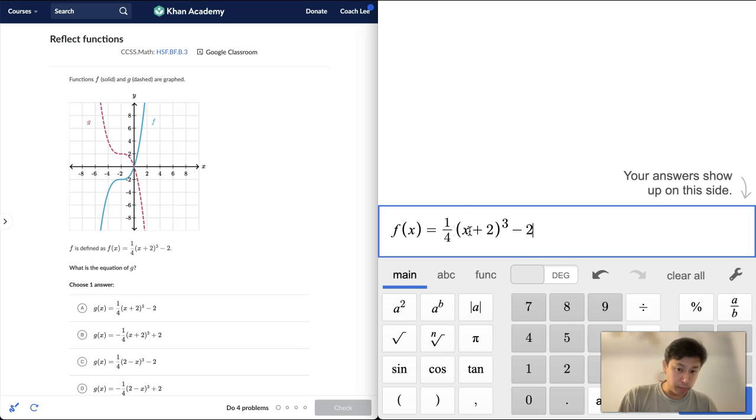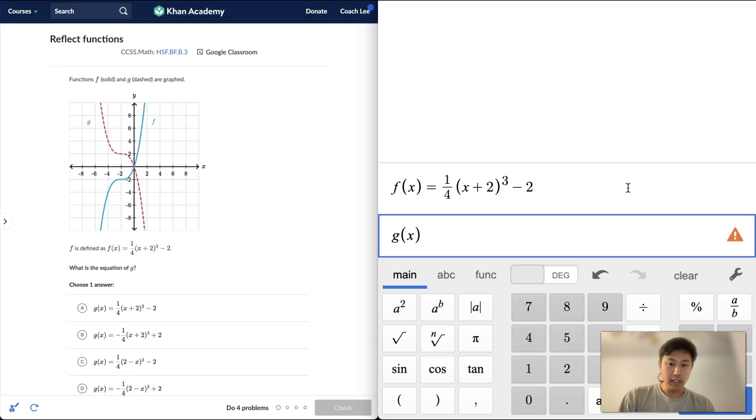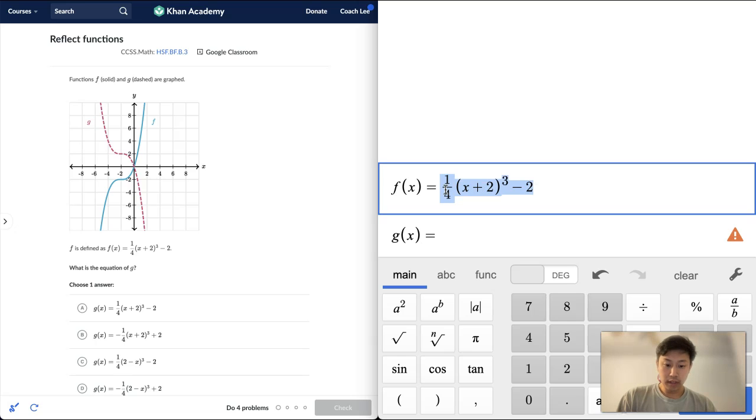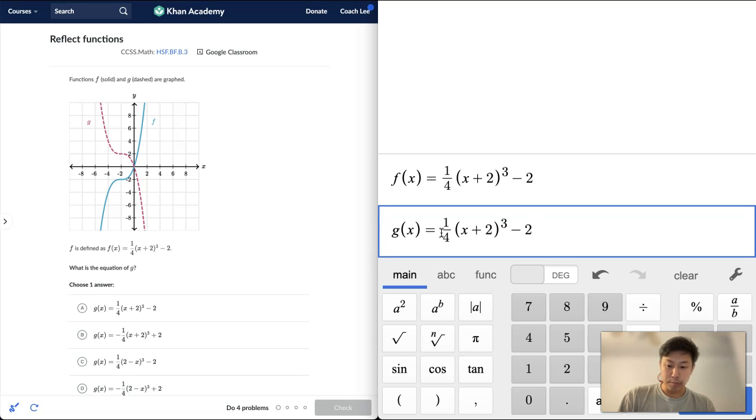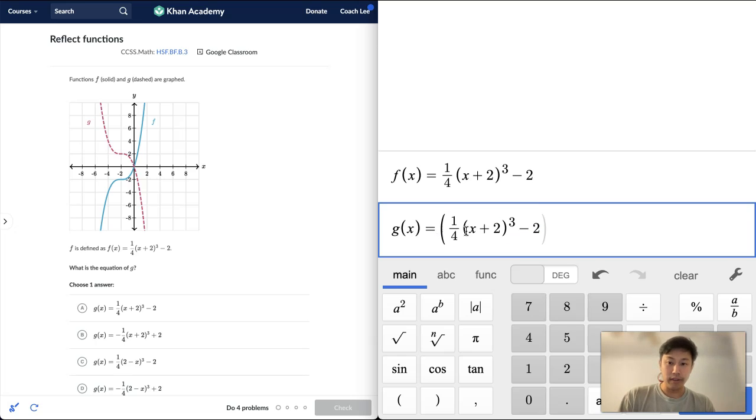The reason I'm showing you this is because we should have some distribution that happens. Okay, so I'm going to copy this whole thing again. But I'm going to put parentheses around the whole f of x function, right? So I'm writing my new g of x function, but I first started by copying all of f of x. I'm going to put that in parentheses and then put a negative sign in front of that whole thing.